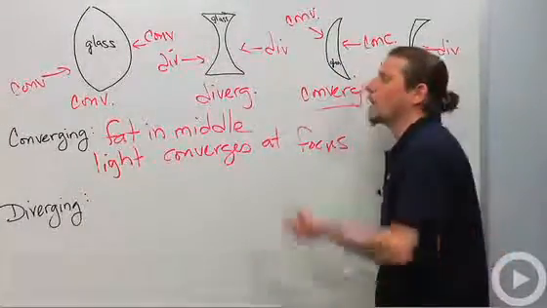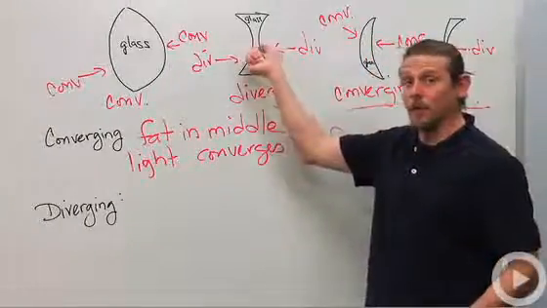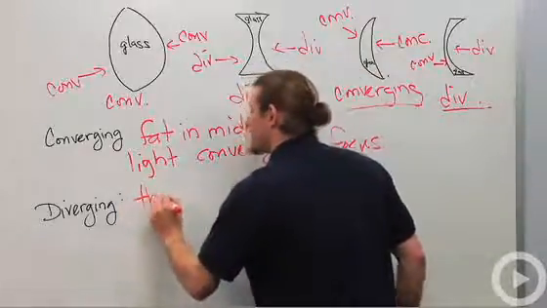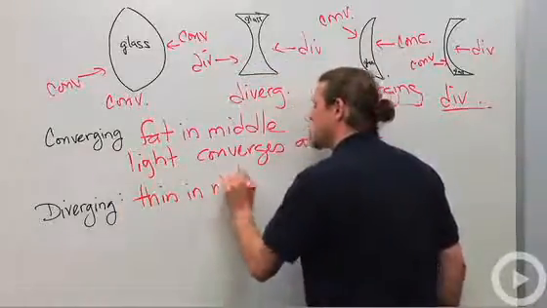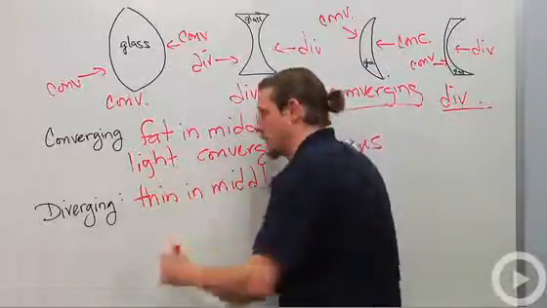What about diverging? Well, if it's thin in the middle, then it's going to be a diverging lens, and it's going to diverge the light.